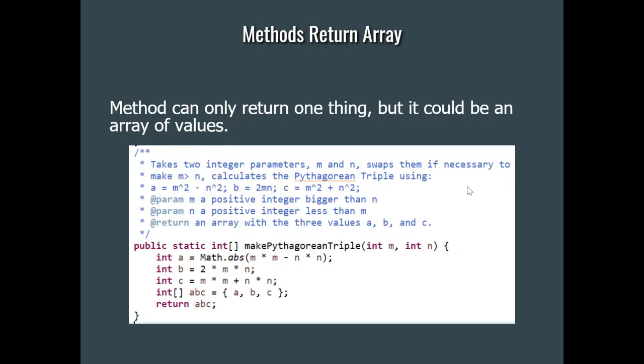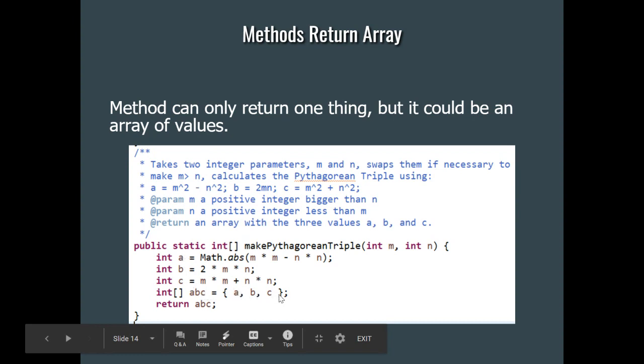Okay, so you might be saying, well, returning one value is kind of limiting, but here's a way around it. In this program, it's giving me this Pythagorean triple. This is actually something out of the textbook. So I pass it a couple numbers and make some calculations, but I need 3 things returned back. So what you could do is make an integer array called abc, and here are my 3 calculated values.